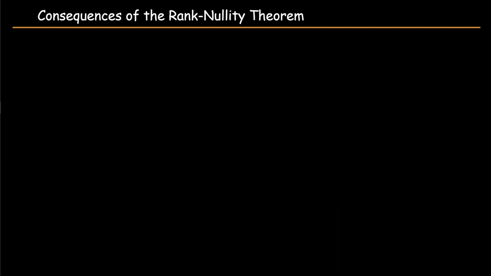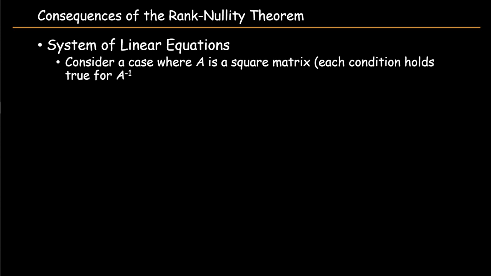And so now we're going to take another case, again with systems of linear equations. Aside from homogeneous and non-homogeneous, we're going to now consider a case where A is a square matrix. When A is a square matrix, a bunch of conditions are going to be true, and this will also hold true for its inverse.